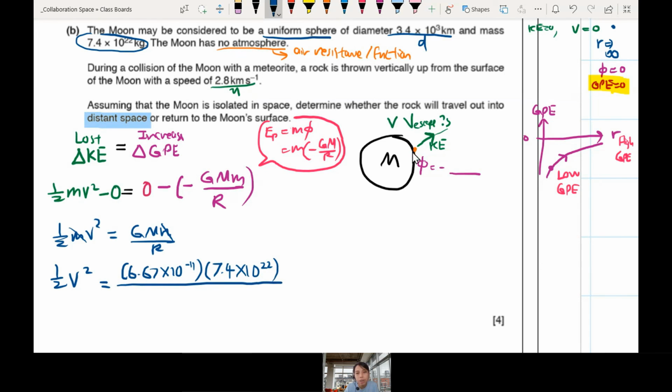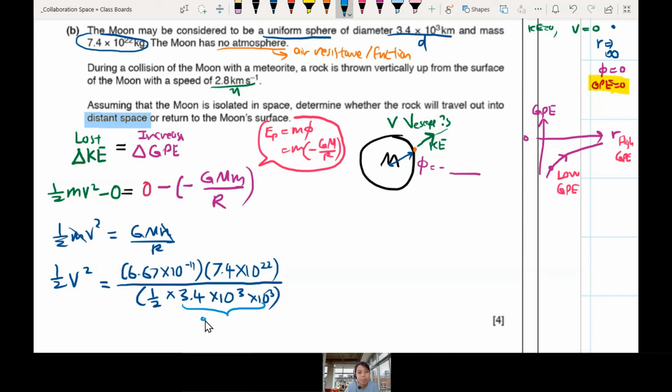Radius, because we are starting off at the surface, we need to know what this radius is. They give us diameter though. Why so tricky? In kilometers. Please remember to convert your kilometers. So we're going to take half of the diameter, 3.4 times 10 to the 3 kilometers. Must remember this.